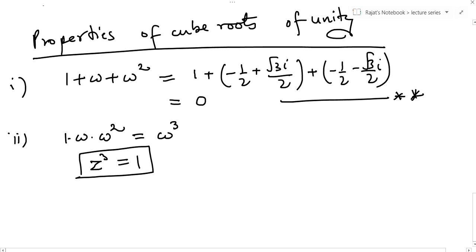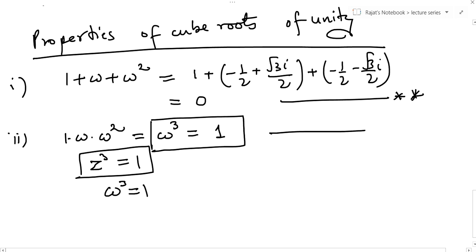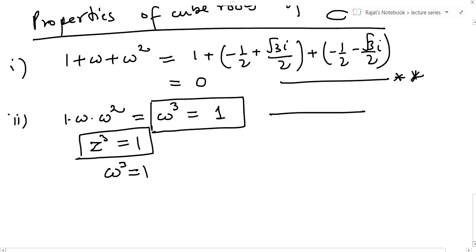So if I put omega in place of z, I will get omega cube is equal to 1. So 1 into omega into omega square is nothing but 1. So the product of the cube roots of unity is 1. Or we also use it directly as omega cube is equal to 1. Second property, omega cube is equal to 1. This is also very, very extensively used.